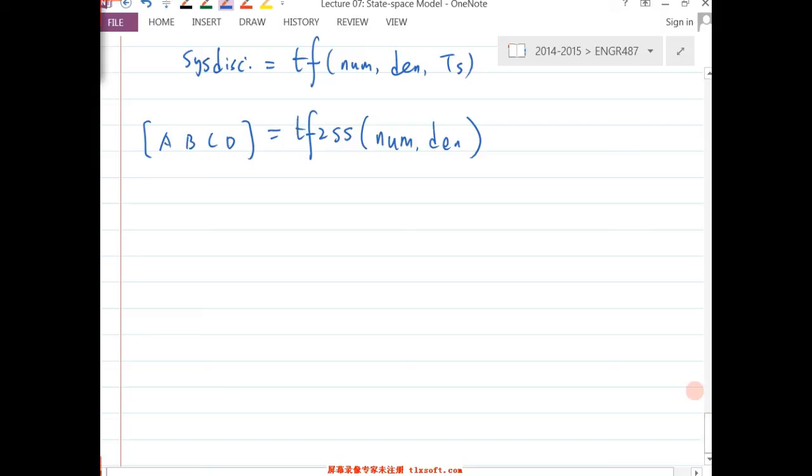This time I'm going to give you a diagonal form. So here is the example that I'm going to use.